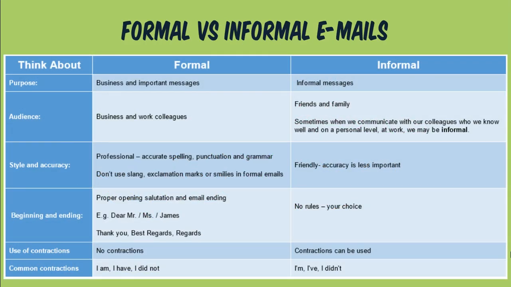The purpose of a formal email is for business or important messages, whereas an informal email is for informal messages. The audience for a formal email are your business and work colleagues, whereas in your informal email, your audience are your friends and family. There are times when we communicate with our colleagues on a personal level and hence we may be informal.